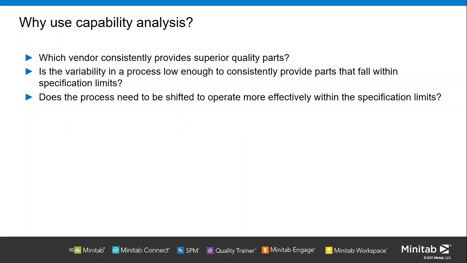Okay, you are the manufacturer and responsible for your company, so why do you need capability analysis? Maybe you want to decide which vendor consistently provides superior quality parts. Is the variability in the process low enough to consistently provide parts that fall within the specification limits? And does the process need to be shifted to operate more effectively within the specification limits?